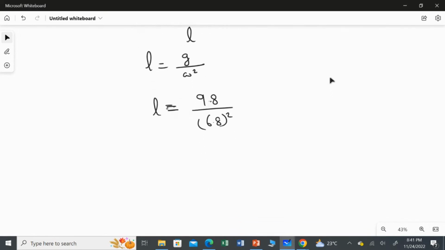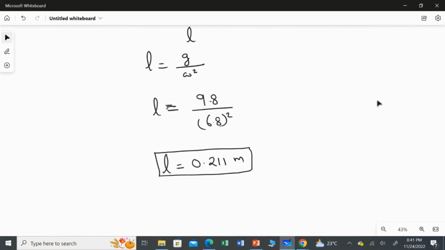Now I have to calculate the value, which is 9.8 divided by 6.8 the whole square. So I got the answer as 0.211. So the length L is 0.211 meter. So this is the answer for the first part, right?